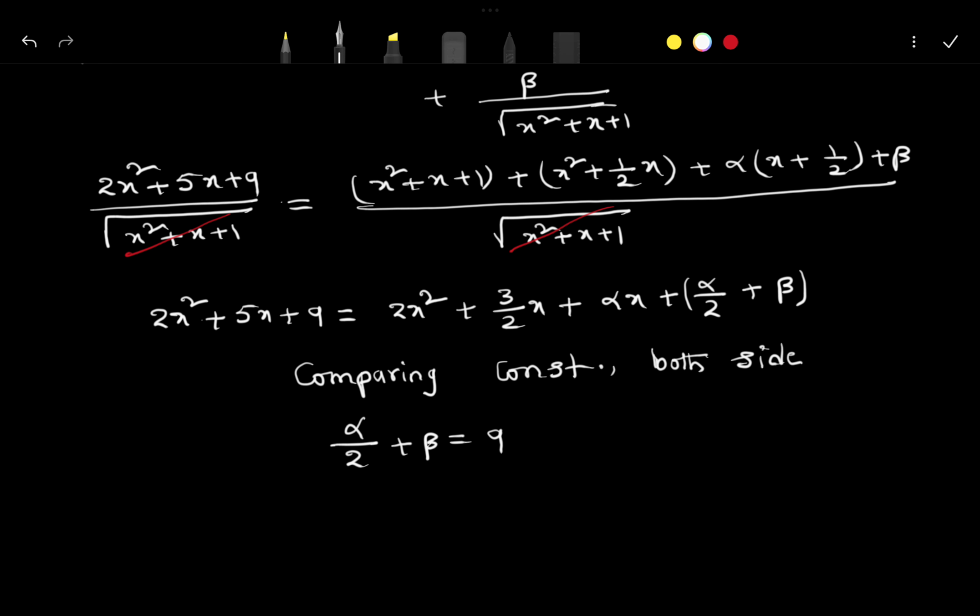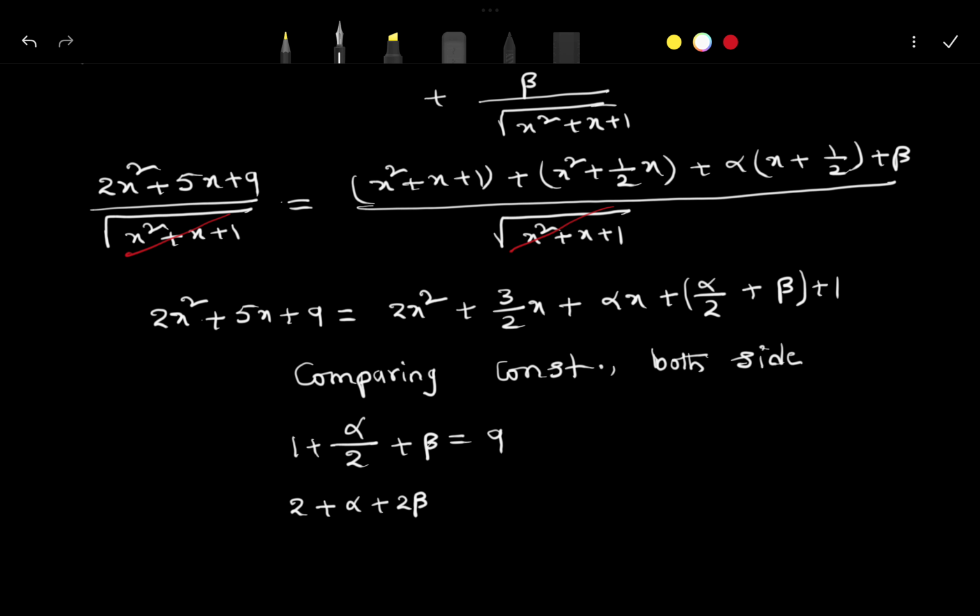And one more thing, you observe that one more constant is there, plus 1 is also there in that question. Now take the LCM: (2 + α + 2β)/2 is equal to 9. Cross multiply, this value is 18.